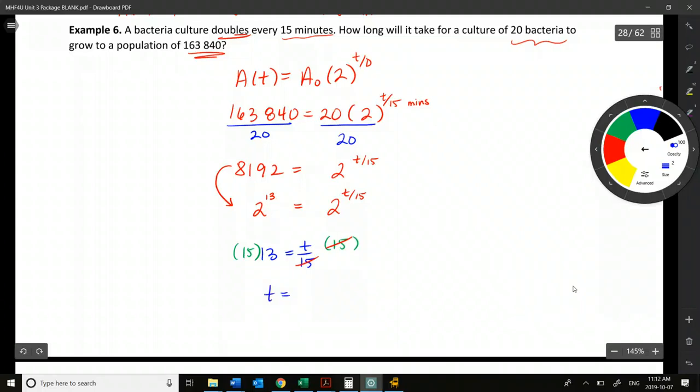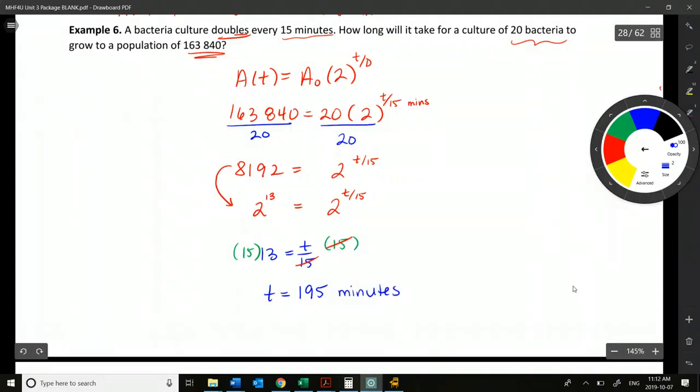If they didn't have a common base, how would you use it? So we would log both sides, and then we would bring the exponents down and do that whole usual thing. T over 15, the whole thing goes down, yeah.